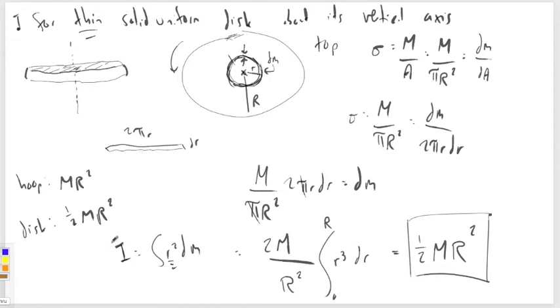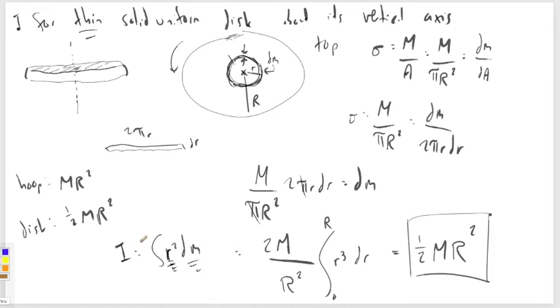How difficult is it for an object to change its rotational motion? How much does an object resist changing its rotational motion? The bigger the I value, the more inertia, the more difficult it is to change the object's rotational motion. It depends not only on mass, but on how that mass is distributed with respect to the axis of rotation, because this r here is the distance from the axis of rotation.